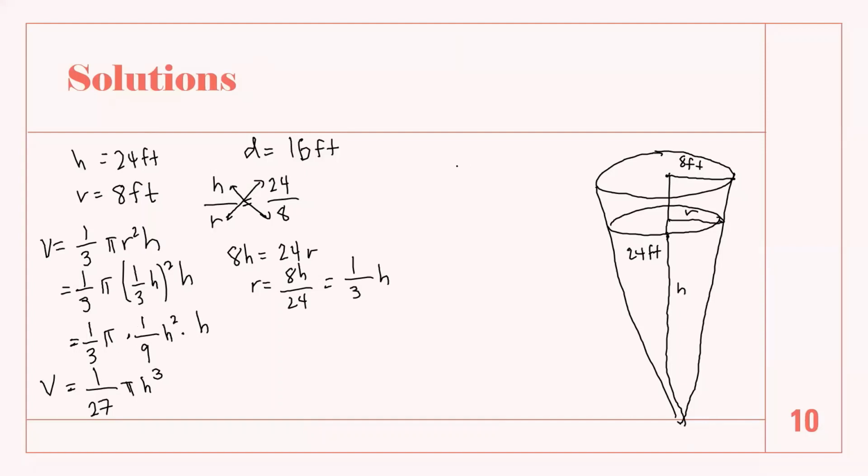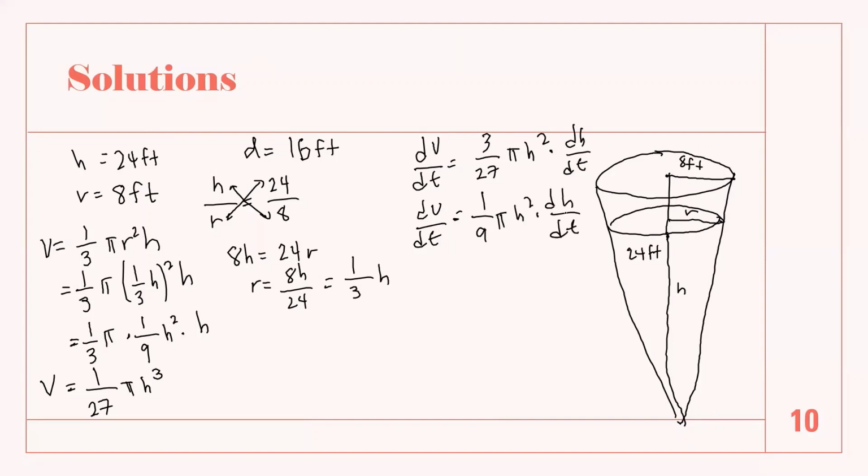So, now what are we going to do is we're going to differentiate dV over dt, then it will become 3/27 pi h squared. So now we're going to simplify it into lowest term. So magiging 1/9 pi h squared times dh over dt. Okay? So we're now differentiating both sides in respect to time.